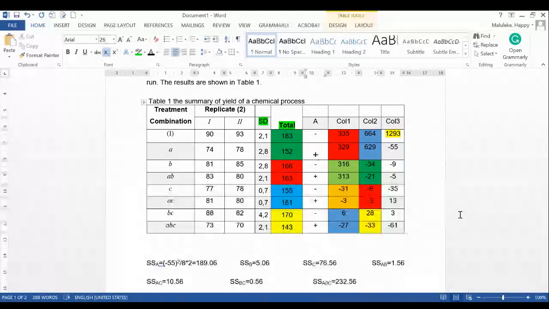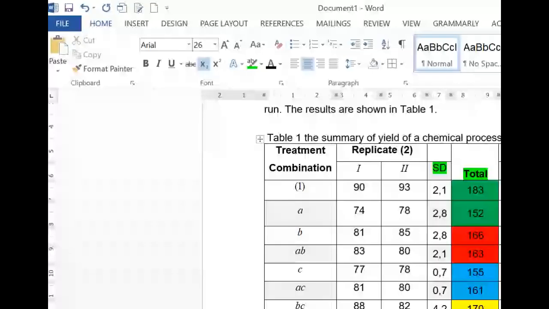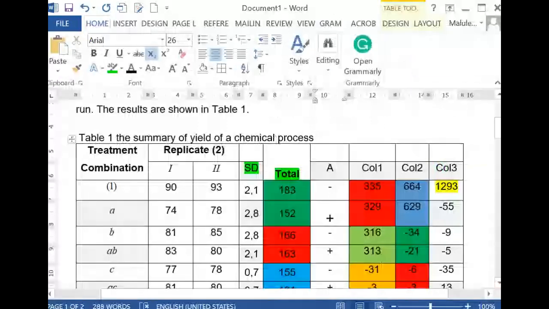Negative 35. Someone is getting negative 55.